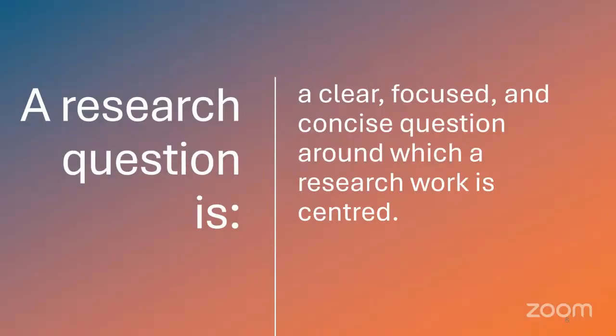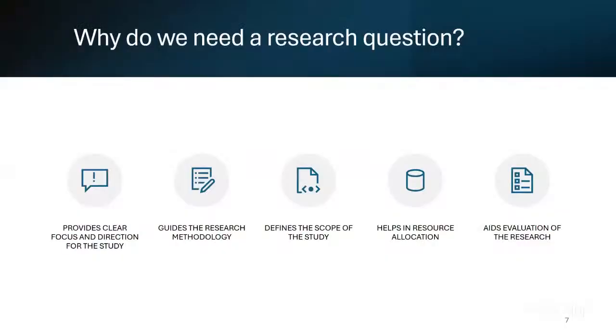So why exactly do we need a research question? For different reasons. And if you're following, you immediately note that all of the things we have mentioned show us how extremely important the research question is in whichever study you hope to conduct.